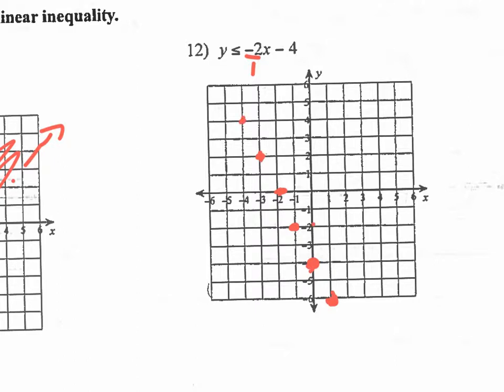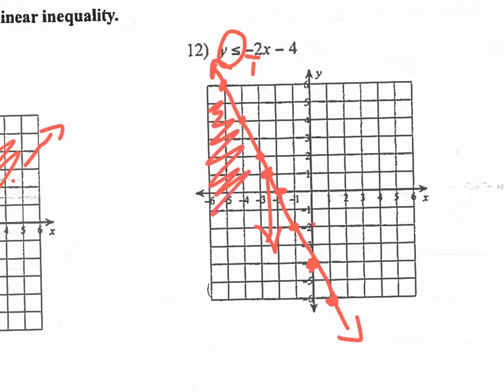And this one is going to be a solid line because it's an equal to inequality. So I'm going to draw my solid line through all those points. And then to figure out where I shade, it says less than or equal to. So I put my pencil somewhere on the line and go less than the line, so I go under. So it's going to be shaded over here. There we go. That was number 12.